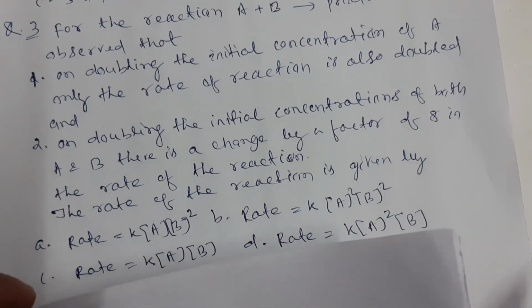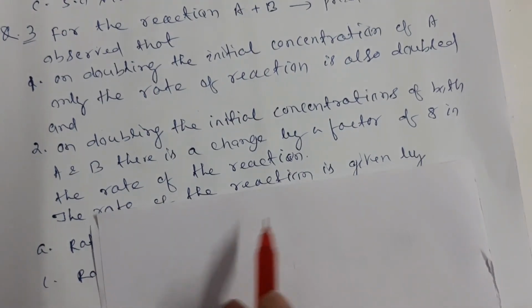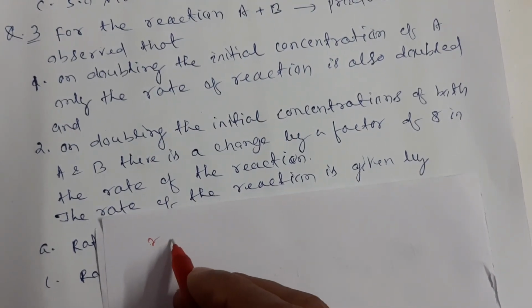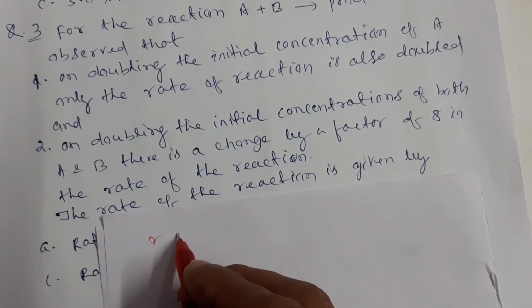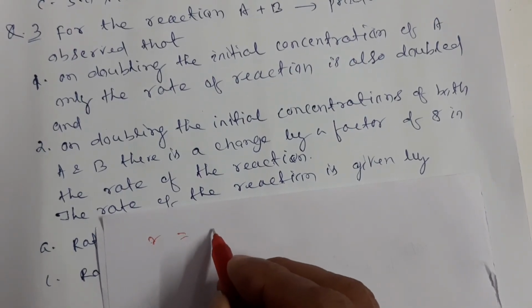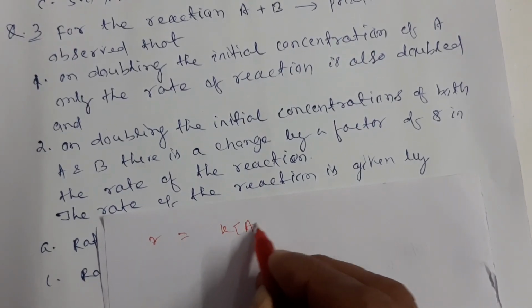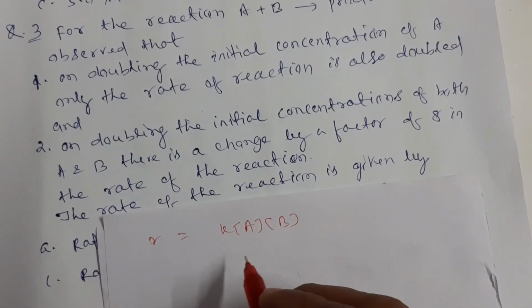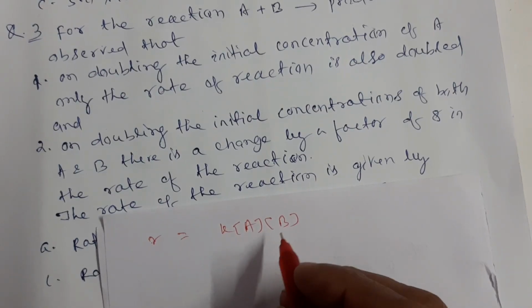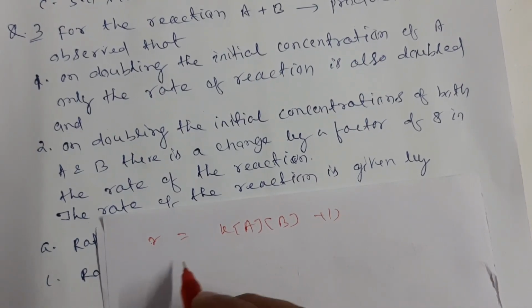So what to do? You see, rate of reaction is equal to K, concentration of A, concentration of B. Let's say this is equation 1.